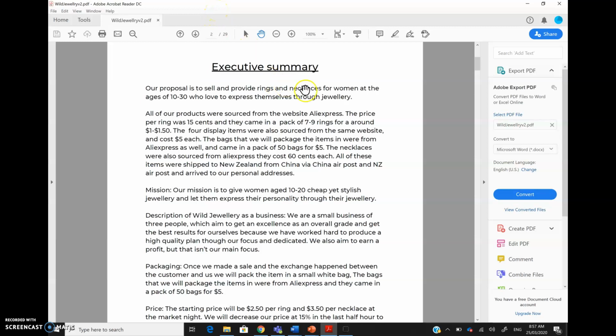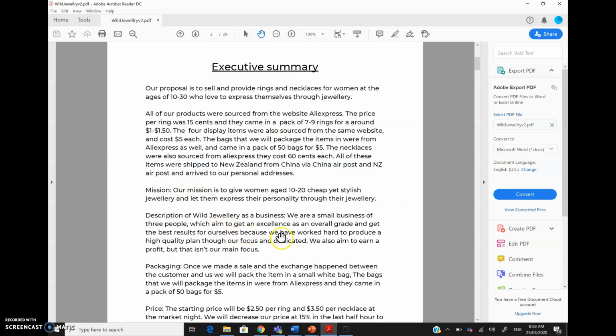So what we can see here is that they're saying, okay, provide rings and necklaces. Okay, I've got an idea. So they're saying where it comes from, the price. I would say they probably didn't need to say that one. So what they're saying is this is how they sourced the information. They've put their mission in there. I don't think I'd necessarily put it in here, but maybe, yeah.